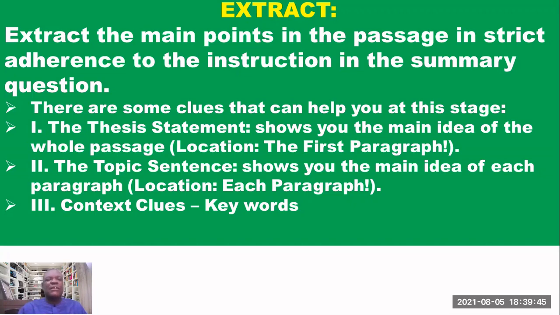Let's assume that the passage is about the causes of road accidents, and the writer is discussing 3 factors responsible for road accidents. Now, let's assume these points are as follows. Number 1, bad roads.